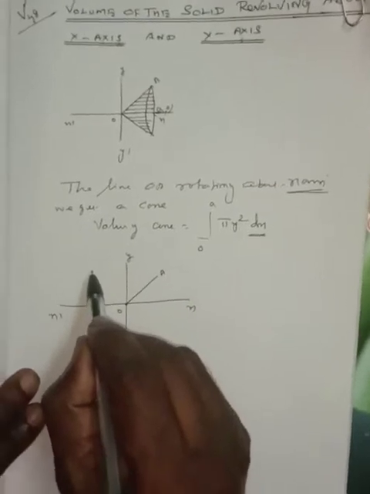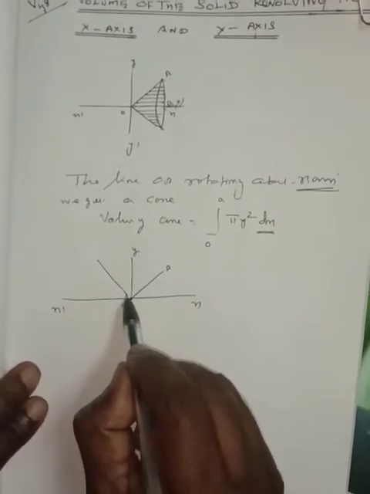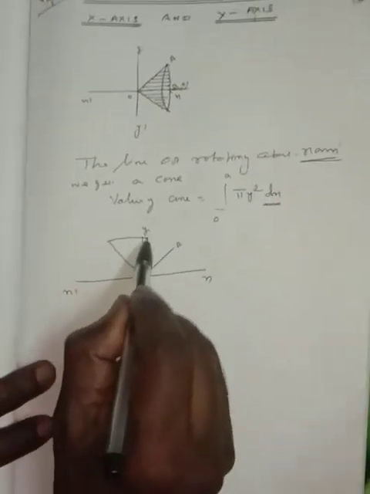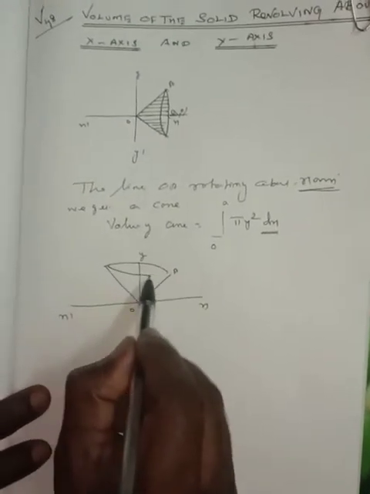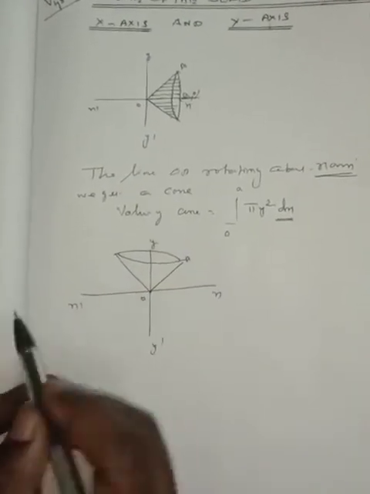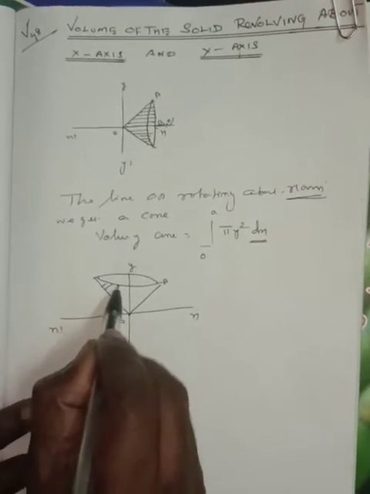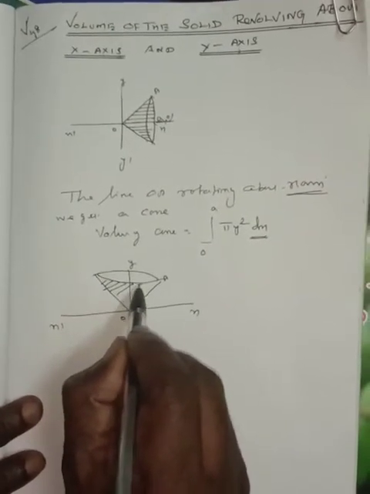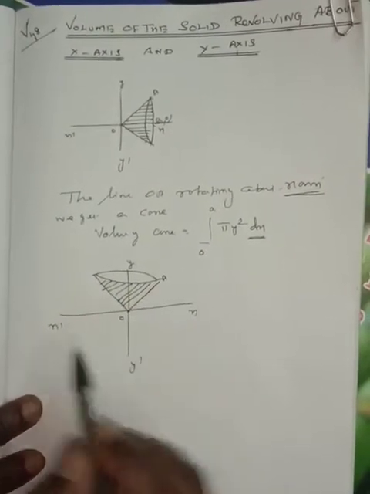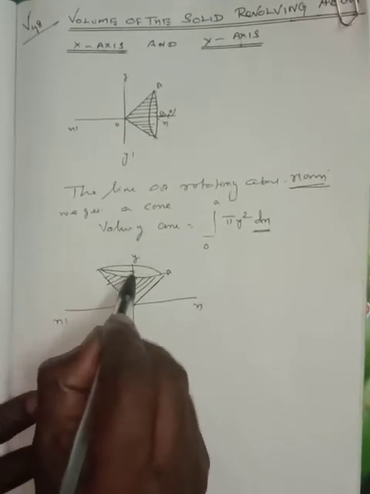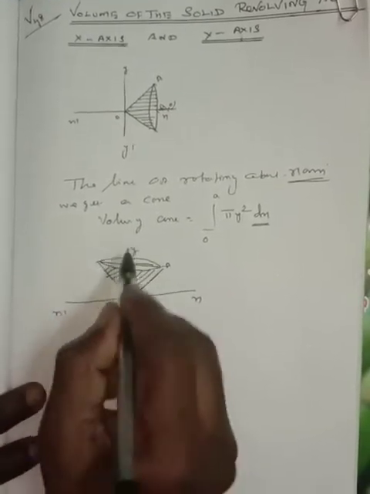What will happen? This is a cone shape. How to find the volume of the cone? In this case, rotating about y-axis.